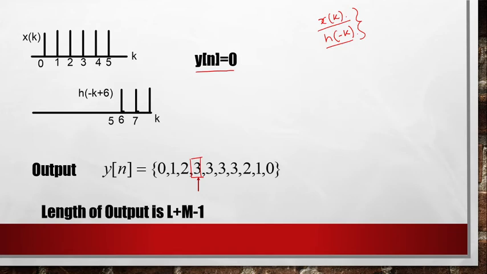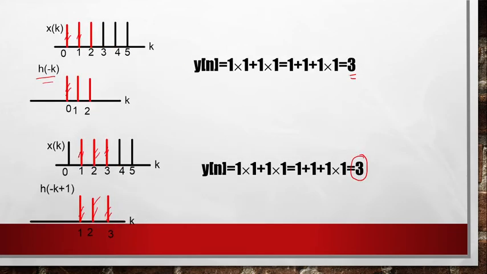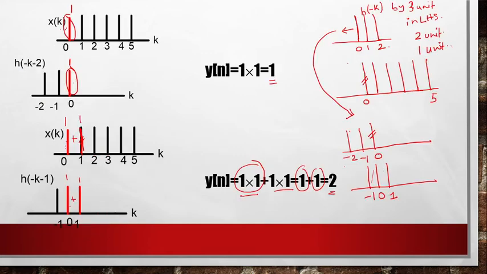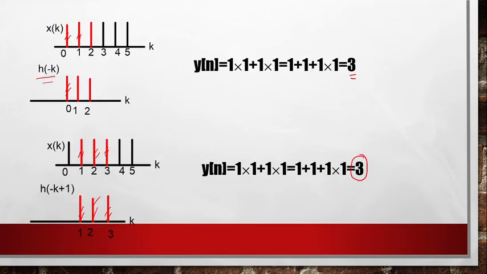Just check this signal: previously when there was a shift on the left hand side it was 2. After that, when there is no shift, this is the only condition when there is no shifting between the two signals, both of them starting at 0. So under this condition the output is 3. So this is the 3.